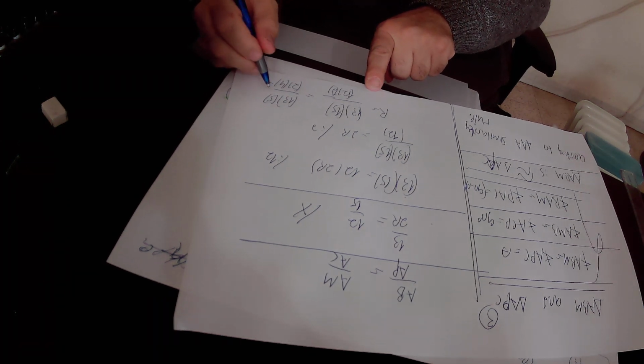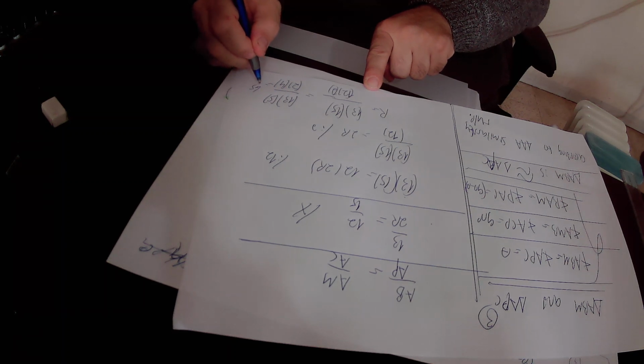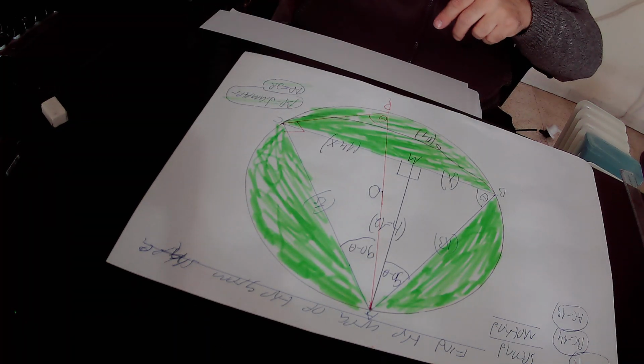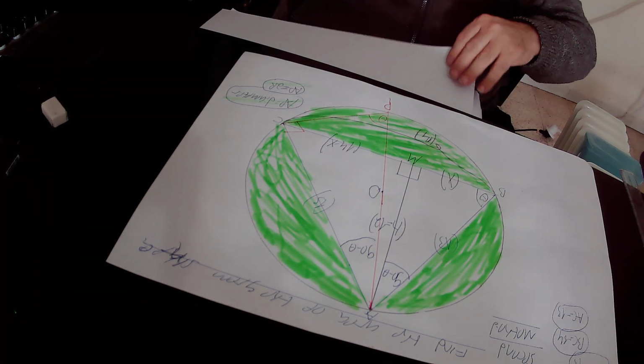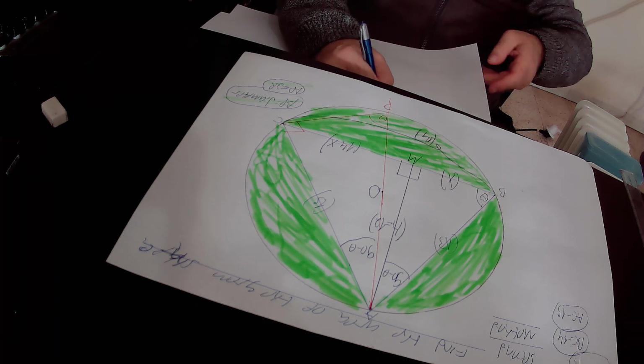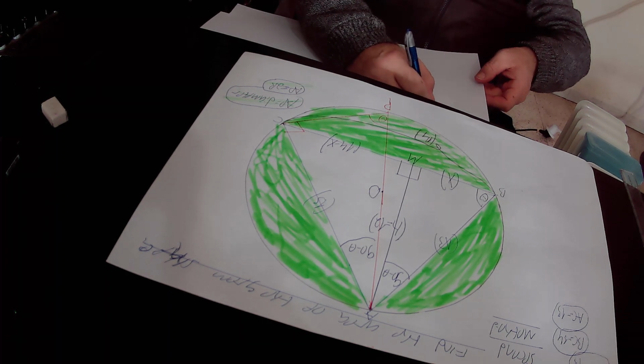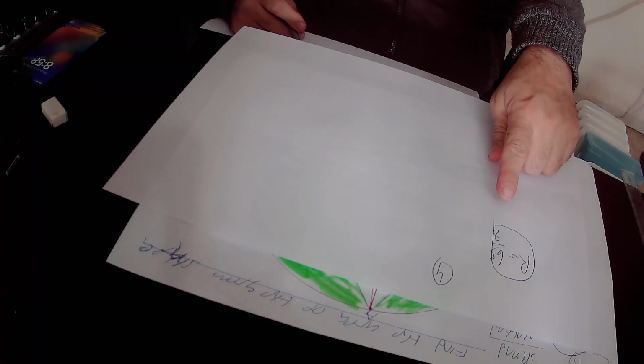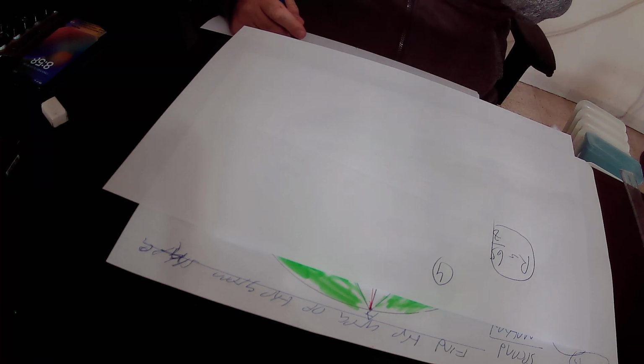So here we have 13 times 5, that is 65, over 4 times 2, that is 8. So in conclusion, we found out that the radius of this circle, that is to say capital R, is equal to 65 over 8 units. Repeat again, the radius of this circle capital R is equal to 65 over 8 units.